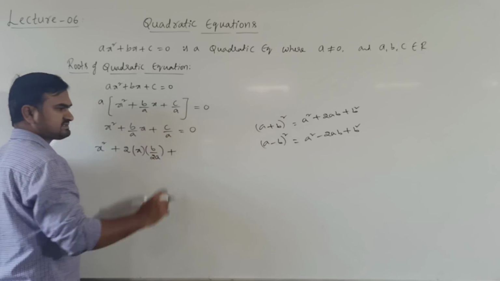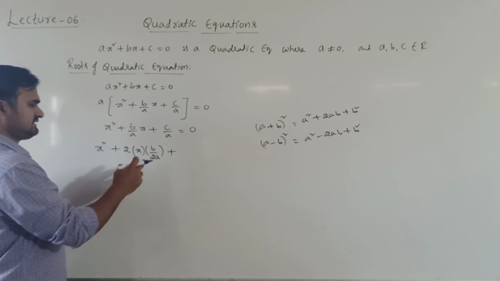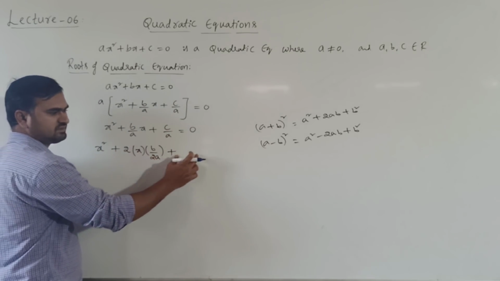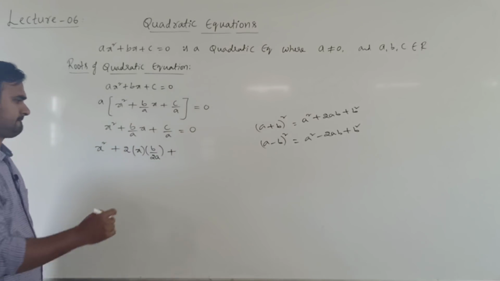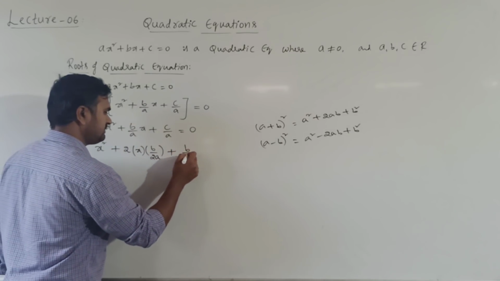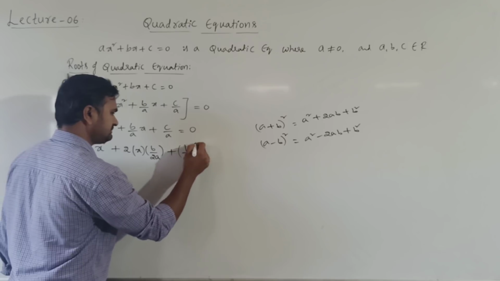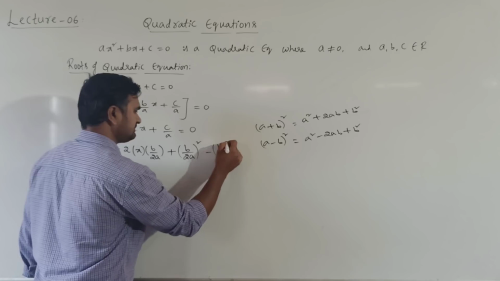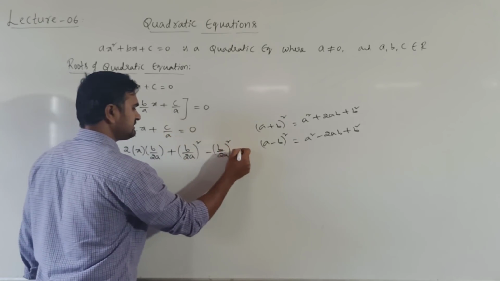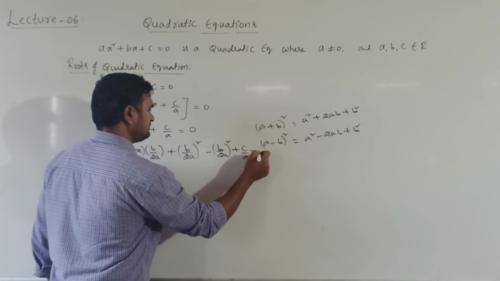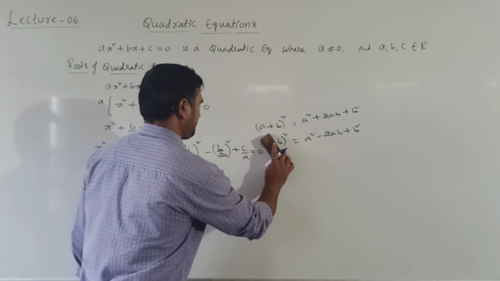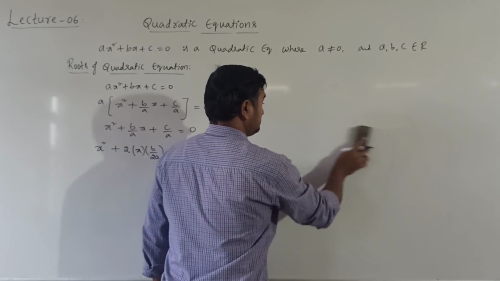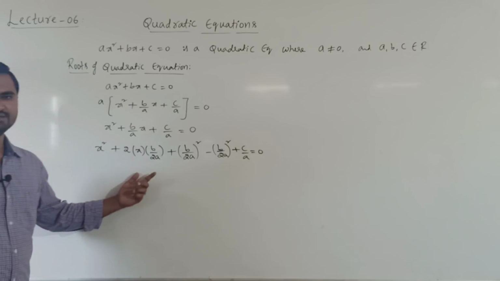Now we need plus b square, meaning b by 2a whole square. That I will add and subtract. So adding and subtracting b by 2a whole square: x square plus b by a into x plus b by 2a whole square, minus b by 2a whole square plus c by a is equal to 0.